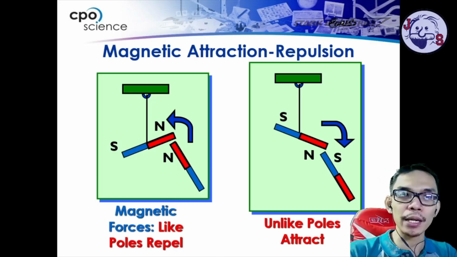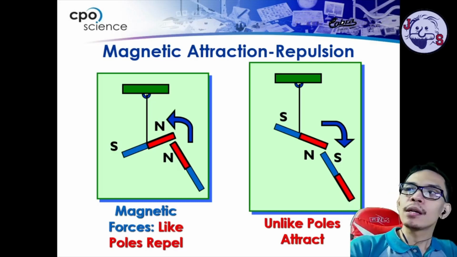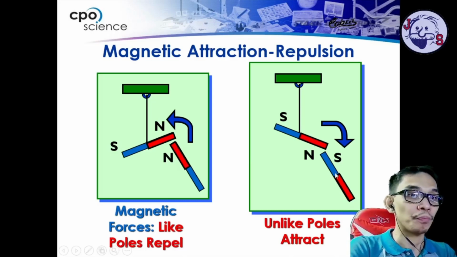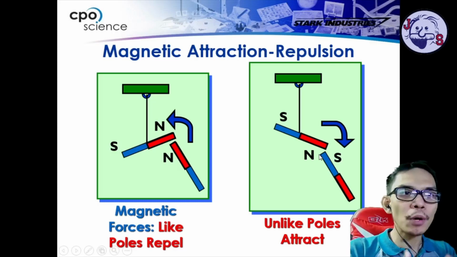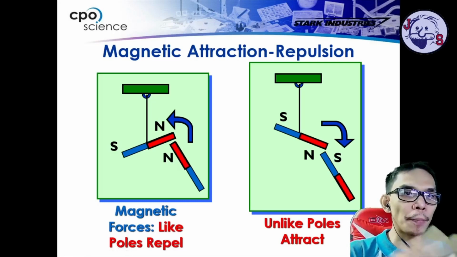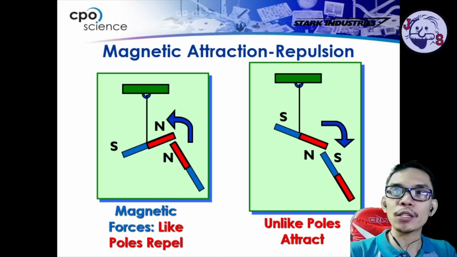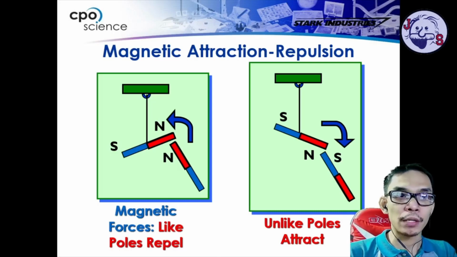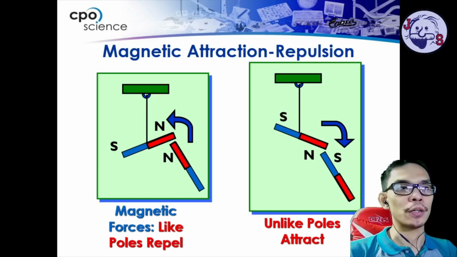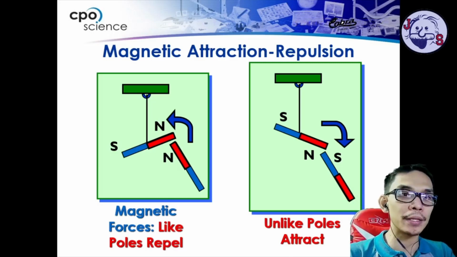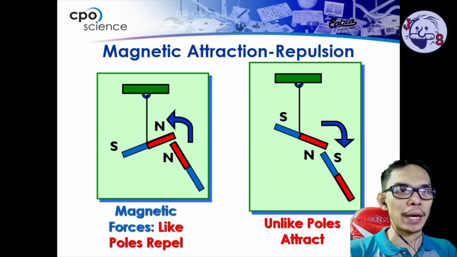In this case, instead of pushing, this magnet is pulling the magnet that is hanging over here towards it. The pulling motion is the consequence of this magnetic force called attraction. So there are two magnetic forces, attraction and repulsion respectively.